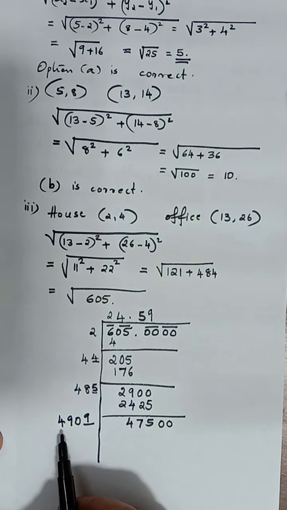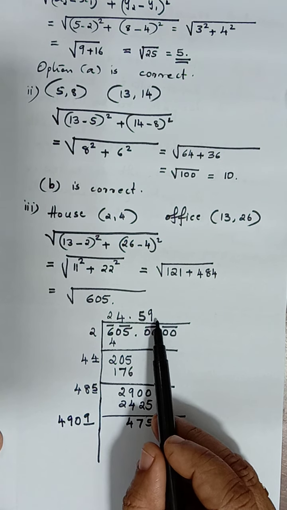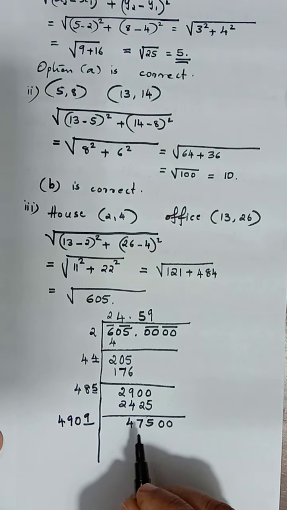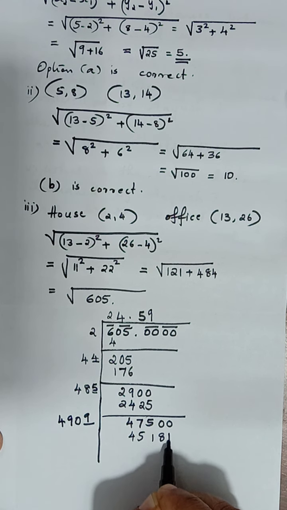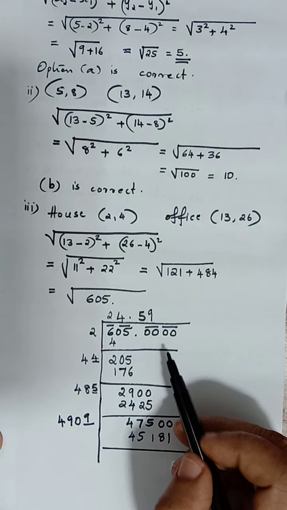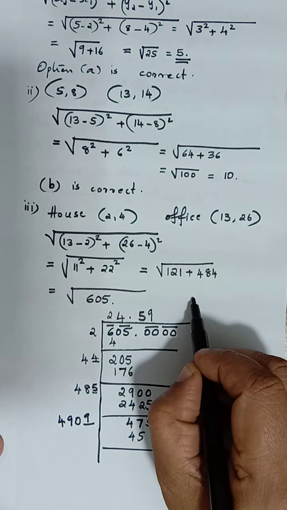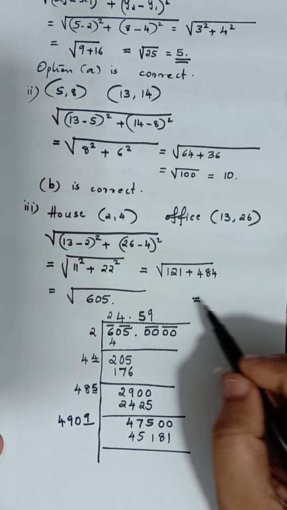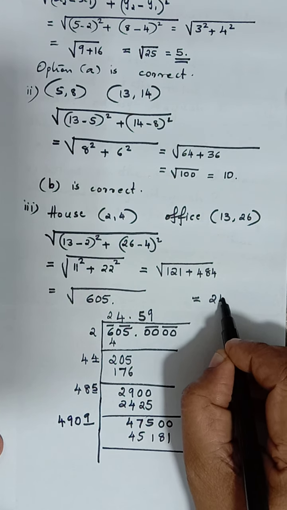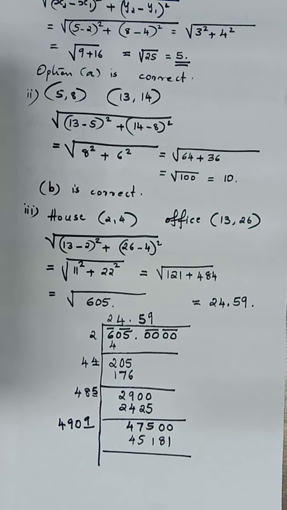When you multiply 4909 by this 9, you will be getting 45,181. The division goes on as it is. We will be stopping it with 2 decimals. We have the answer. Square root of 605 is equal to 24.59. Let us match it with our answers given.